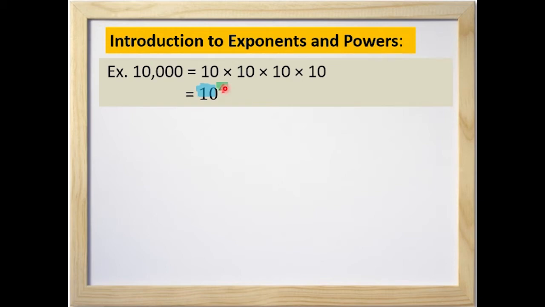4 is the exponent. Exponent means the number of times the same number is being multiplied. So here 10 is multiplied 4 times, so here it is written as 4.